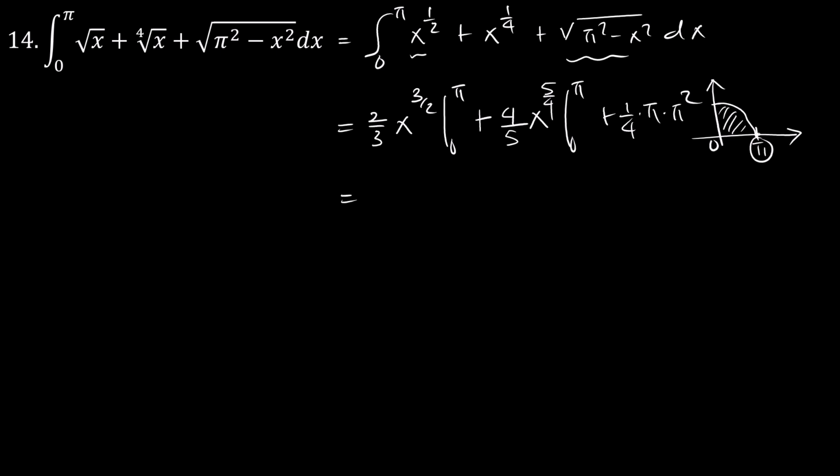So this becomes 2 over 3 pi to the power 3 over 2 plus 4 over 5 pi to the power 5 over 4 plus a quarter pi cubed.